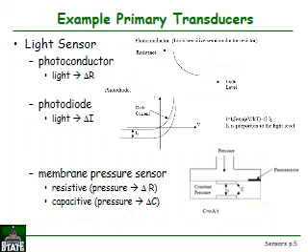Examples of primary transducers: light sensors, subdivided into photo counters and photodiodes, then the pressure sensors. This line diagram shows the measurement of pressure.